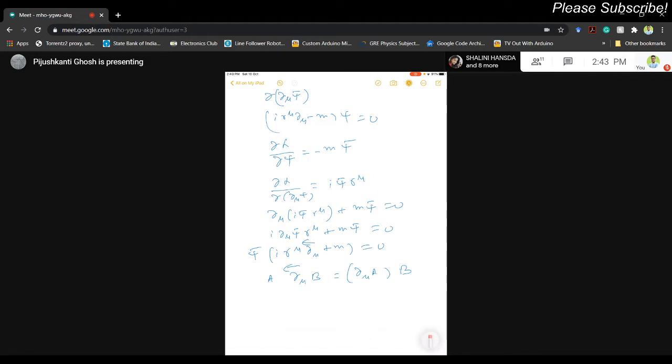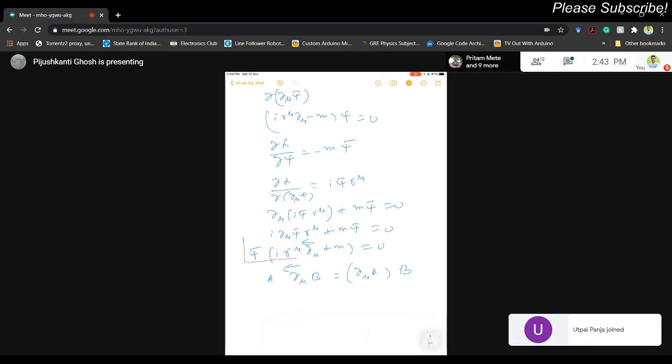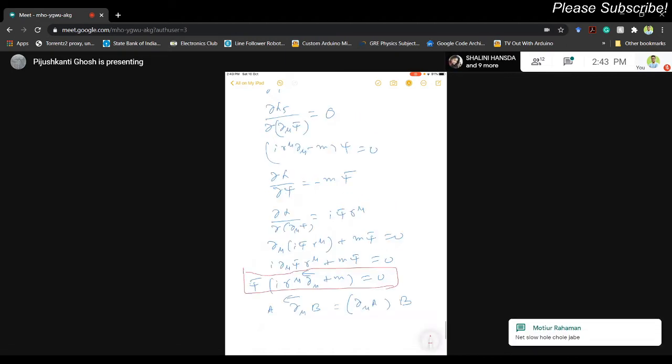With this definition, del mu acts on the left-hand side, on psi bar. Gamma mu is a constant matrix, independent of space-time coordinates, so it acts on del mu psi bar. In the previous step, i del mu psi bar gamma mu plus m psi bar, this form is a matter of convenience, like i gamma mu del mu minus m psi.